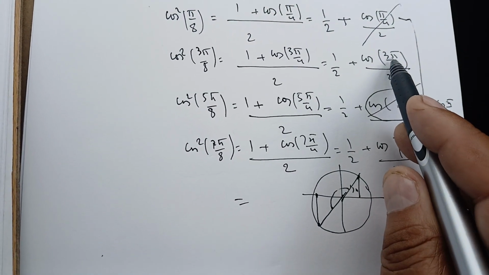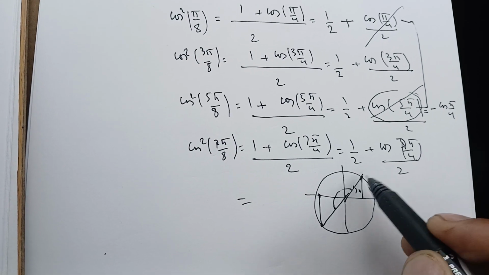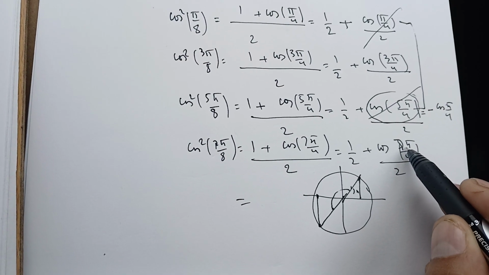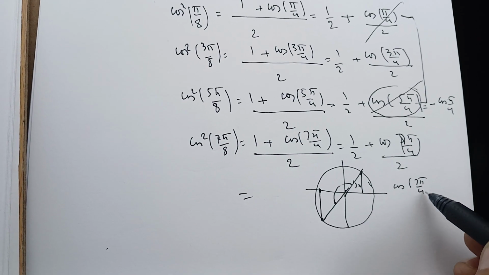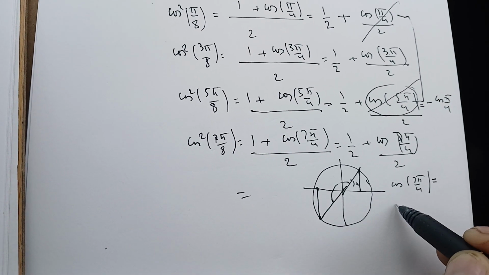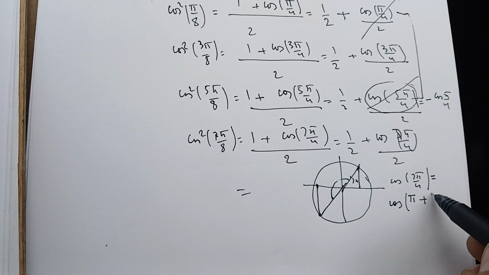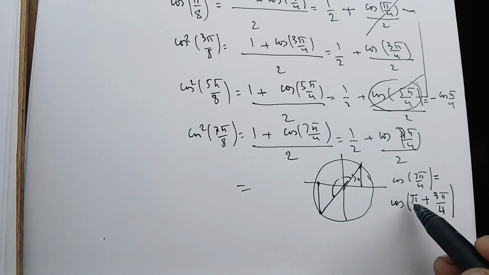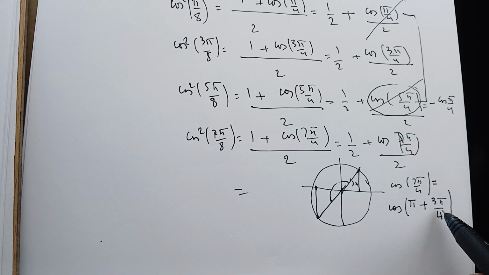Now this one here, 3 pi over 4 and 7 pi over 4. We can write the cosine of 7 pi over 4 in the following manner: cosine of pi plus 3 pi over 4.